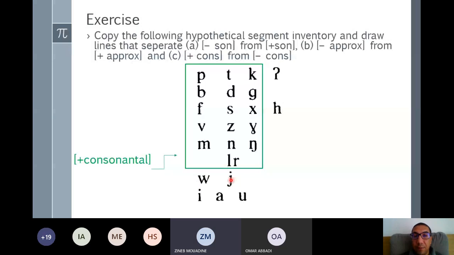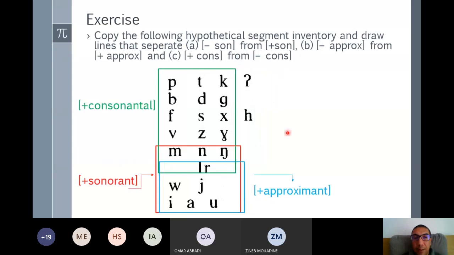These are vowels, and these two, why do we consider them as minus consonantal? It's because of their constriction. To summarize, you have the plus consonantal consonants in green, the sonorants in red, and the plus approximants in blue.